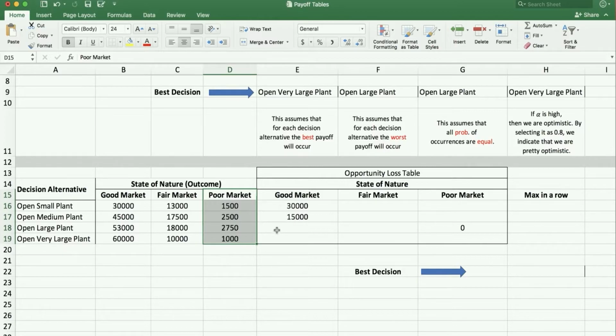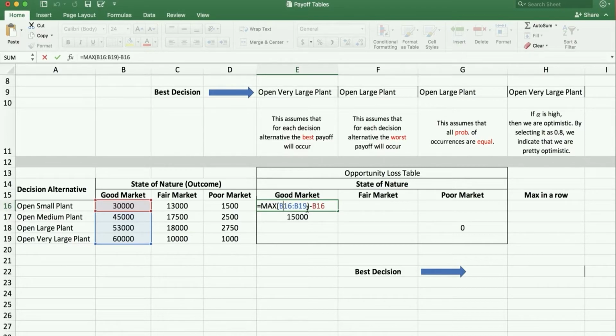Okay? But instead of doing this one by one, I'm going to show you a quick tip so that you can do this even more efficiently. What you need to do is type your function in the first cell here, and then put dollar signs between the letter and the number, and do it for the second one as well.